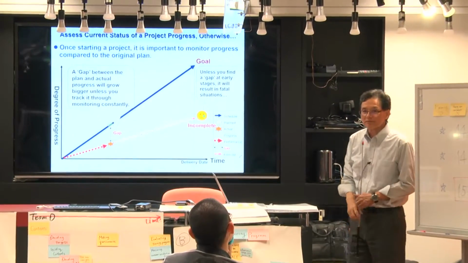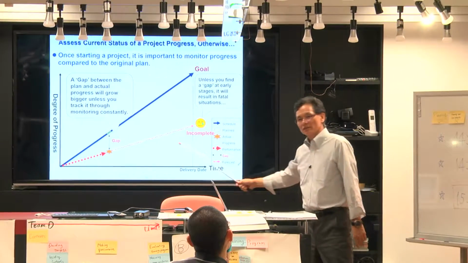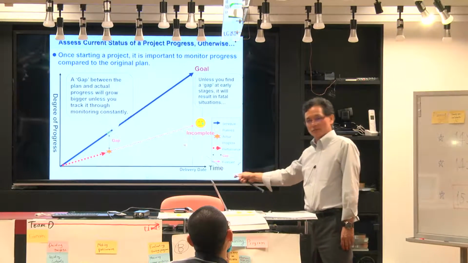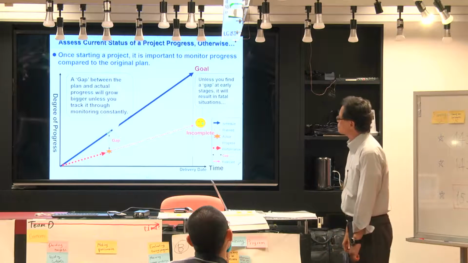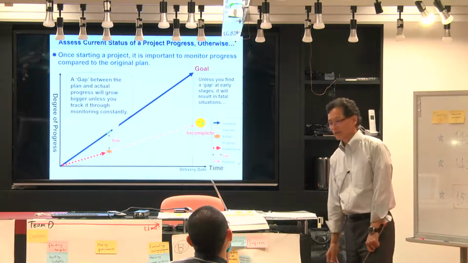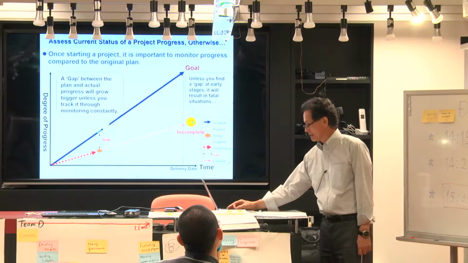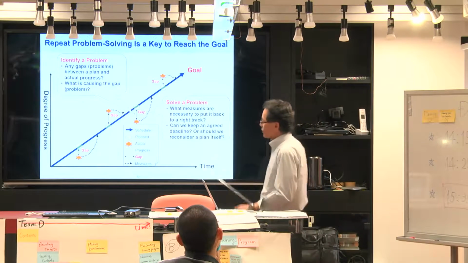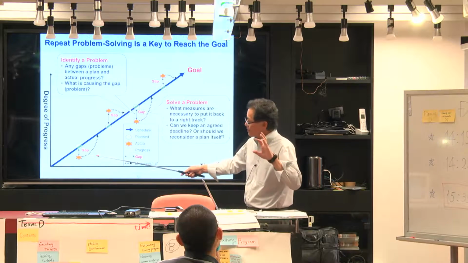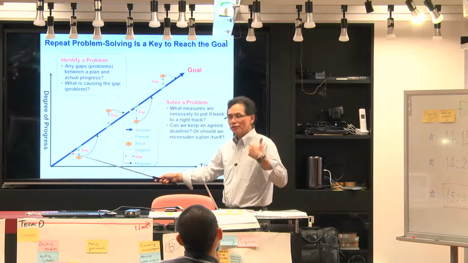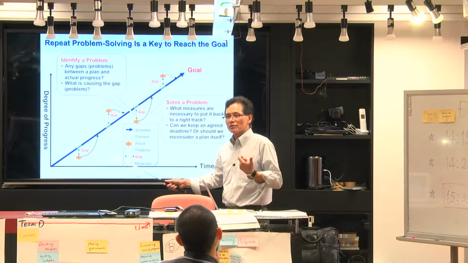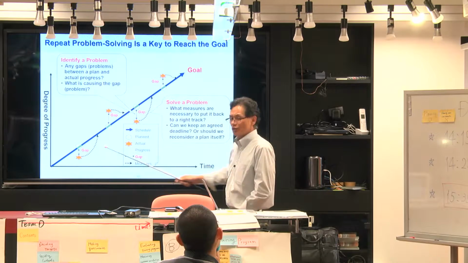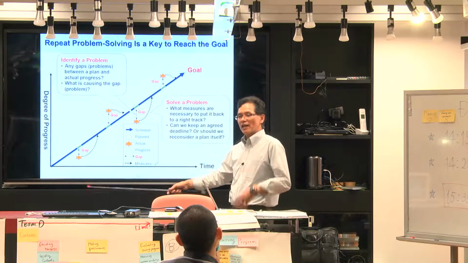So what will happen if you take double to execute the project? You have to spend more. So whenever you find some gap, delay of task, you need to introduce corrective actions to accelerate. You may help the task, you may add resource.